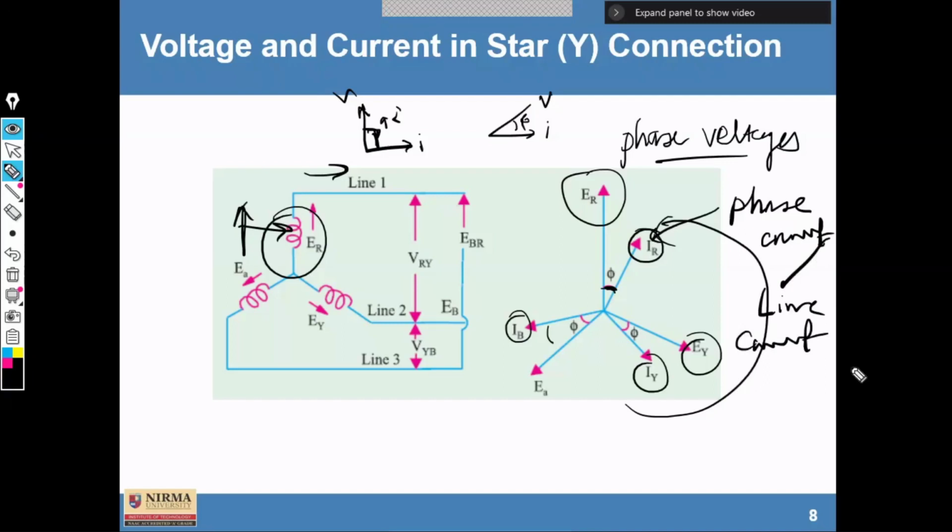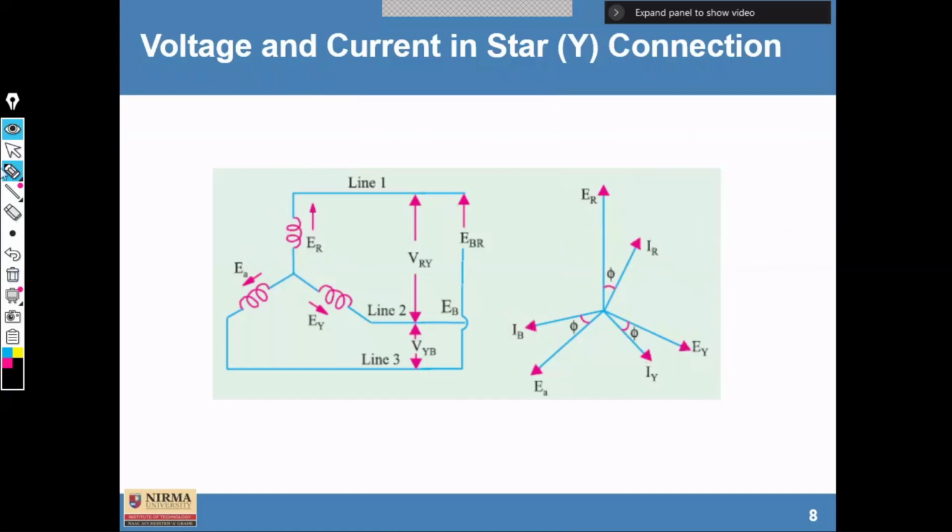Is that clear? So this phasor diagram can be drawn for the star connection. Yes or no? Students, did you understand what I mean to say?